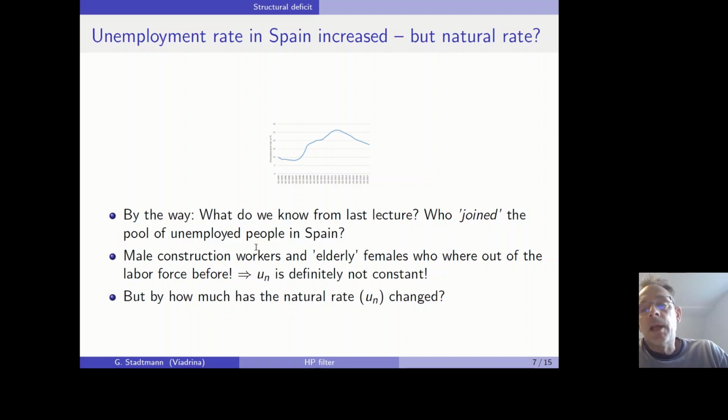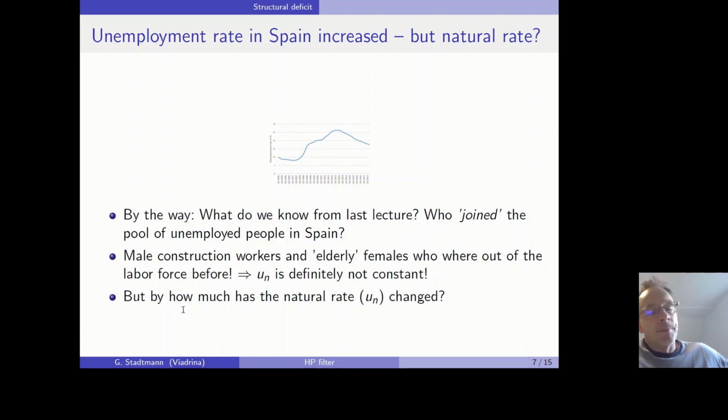They fuel the pool of unemployed people in Spain, and therefore I would say that the natural rate of unemployment is definitely not constant, but the question emerges, by how much has the natural rate of unemployment changed?